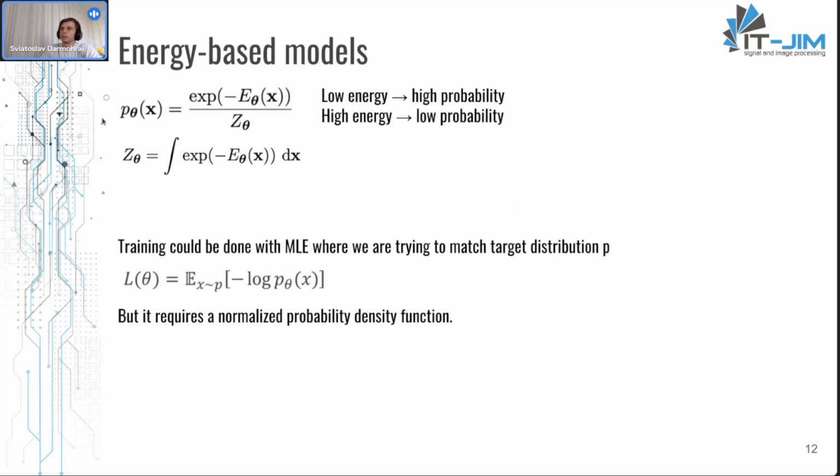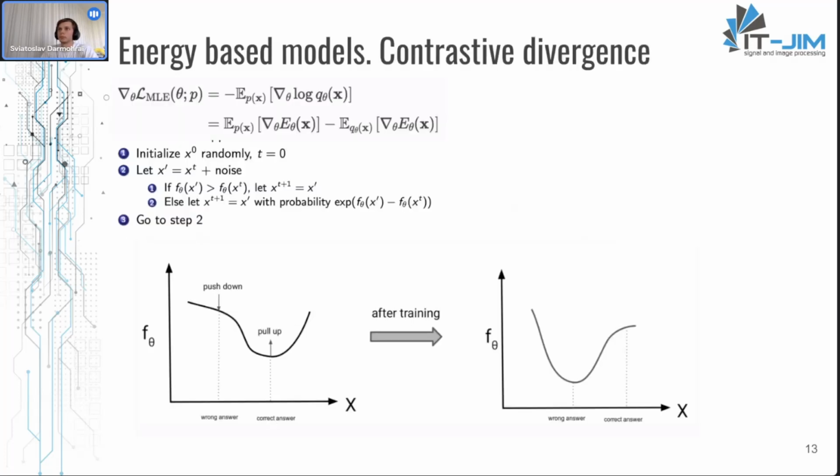Training could be done even for this original normalized distribution, but this Z term here will make it intractable. So what they do instead is basically sample one good point and one bad point. How do they do this? They initialize it in a random state and let it move on the function.